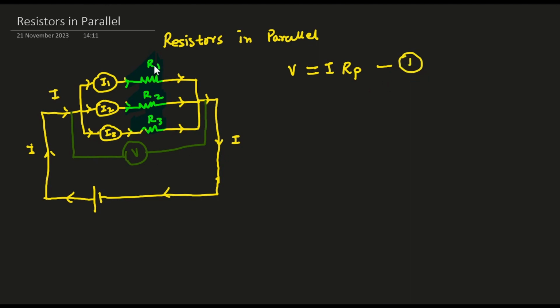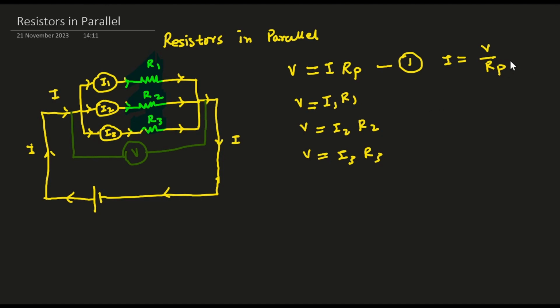Now for each individual resistor, we can write down Ohm's law. For this resistor R1, we have voltage V is equal to I1 multiplied by R1. For the second resistor R2, we have V is equal to I2 multiplied by R2. And for the third resistor, we have V is equal to I3 multiplied by R3. Now, from these equations, if I want to find the current, from equation number 1 the current I will be equal to V divided by RP.